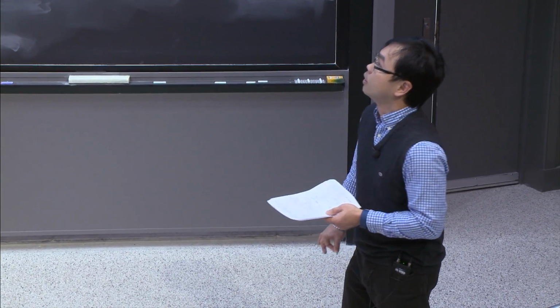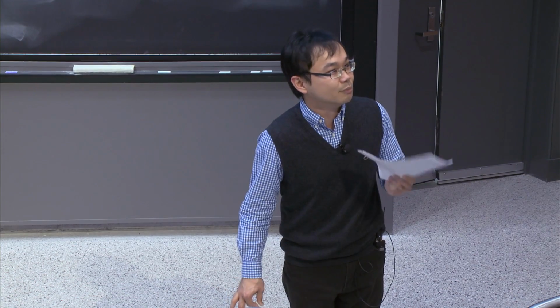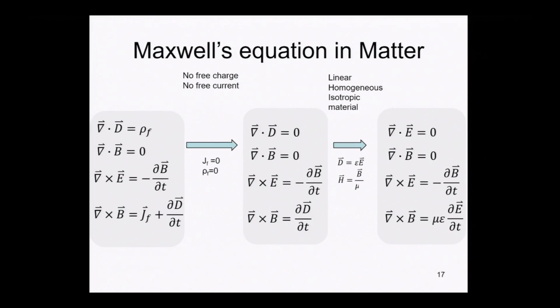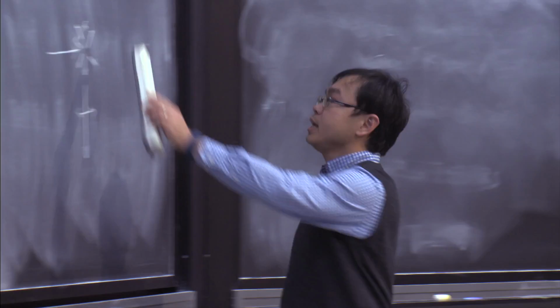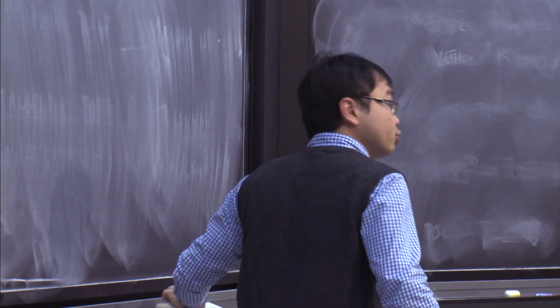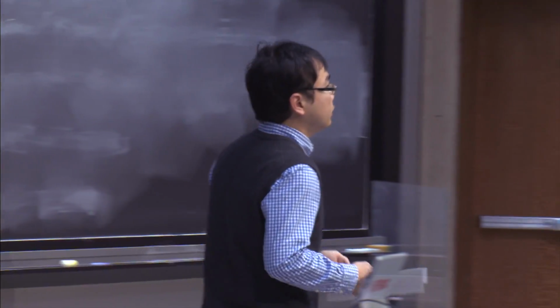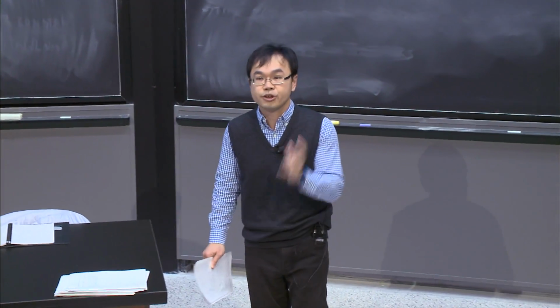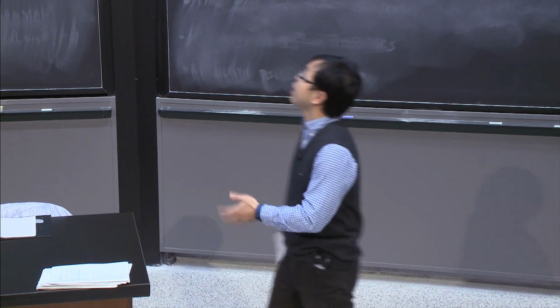Instead of mu 0, epsilon 0, you now get mu times epsilon. So what does that mean? This means that the speed of propagation of the electromagnetic field is changed.